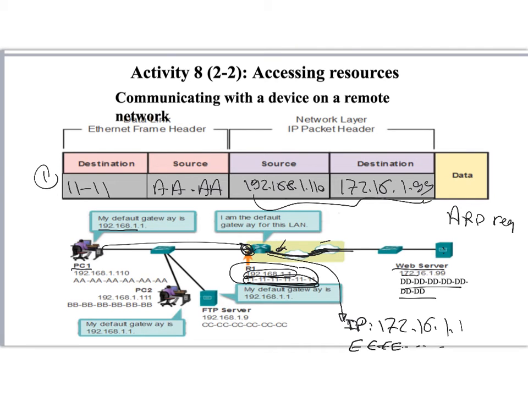Remember, this port has an IP address, which is 172.16.1.1, okay, which clearly exists on the same LAN as the web server, right? Because it matches the first three numbers, and it has its own physical address. And I made this up, okay?